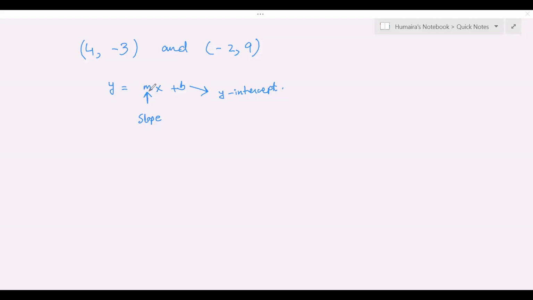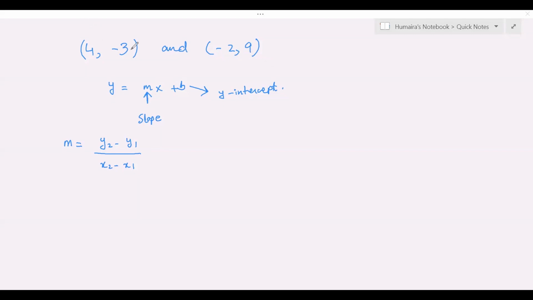Okay, so in order to find the slope, the formula is m equals y2 minus y1 over x2 minus x1. This is the formula that we have to remember whenever we are required to find the slope when 2 points are given to us.